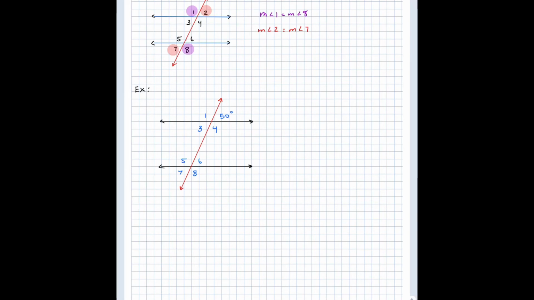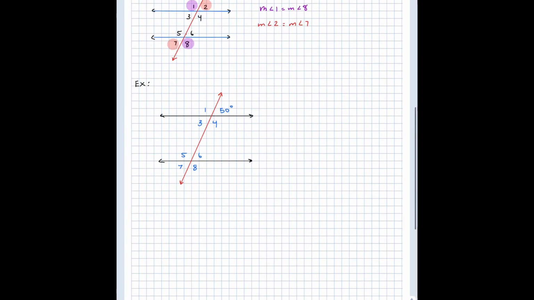So I replace angle 2 with 50 degrees. I'm gonna ask you this. What is the measure of angle 6? So, this is 50 degrees.